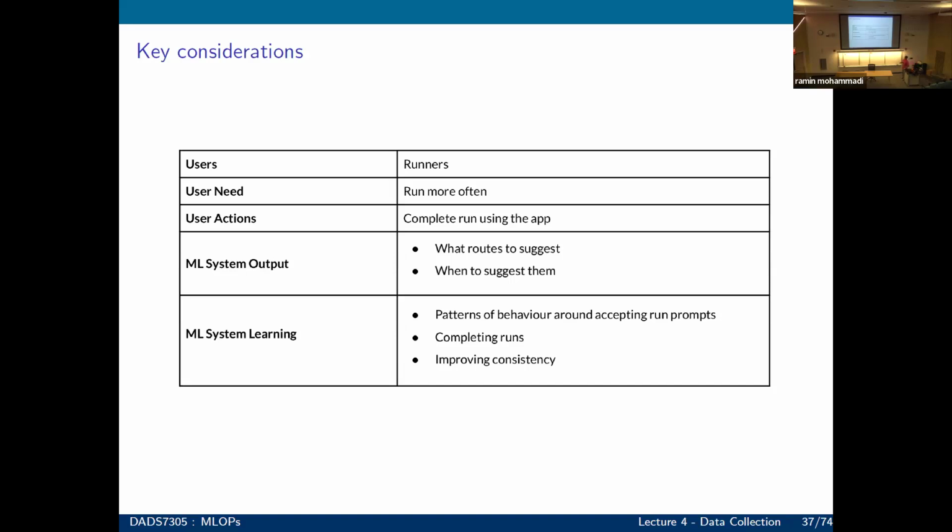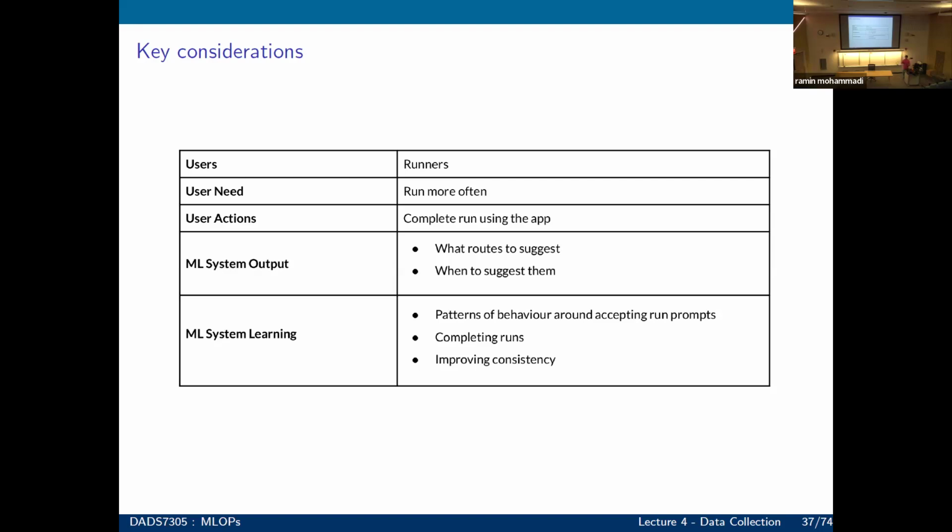And then what is your model going to learn from the interaction with the user? First, patterns of behavior around accepting the run. You can easily understand if there's a user like me who doesn't complete it, but that means they did it. So you learn the pattern from a user. Maybe a user always completed, so if they didn't complete, you can assume that they did not finish it.